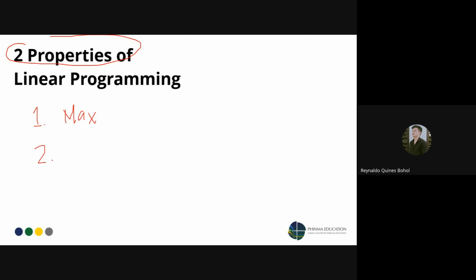So it is denoted as max, and the minimize. The maximize and the minimize. And when it comes to maximum or maximize, that it is all about the profit, the total profit. So it is denoted as P, or in the form of equation that is AX plus BY.